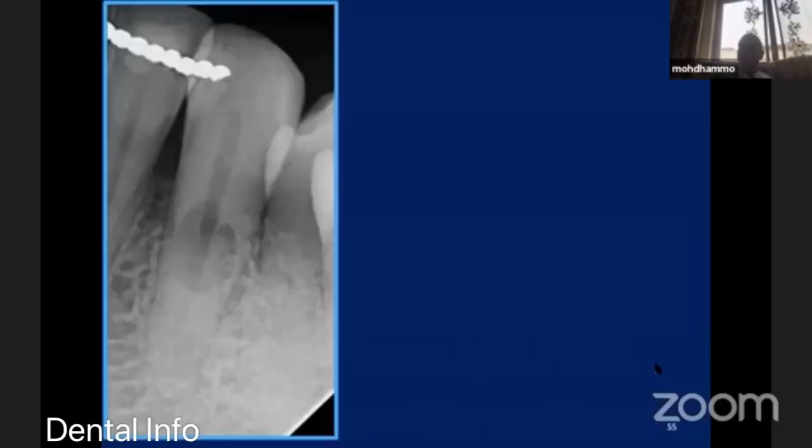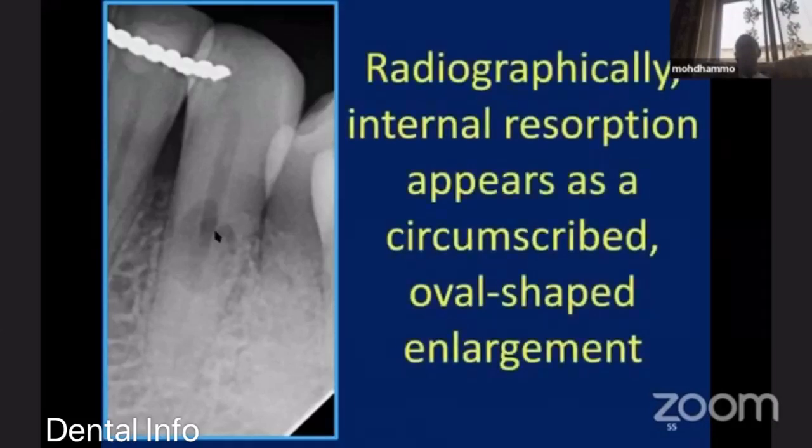So this is another case here. We have a big internal resorption, and unfortunately the patient did not go to the dentist. This resorption advanced and it appears as a circumscribed, oval-shaped enlargement.